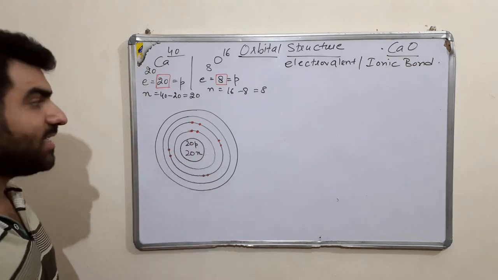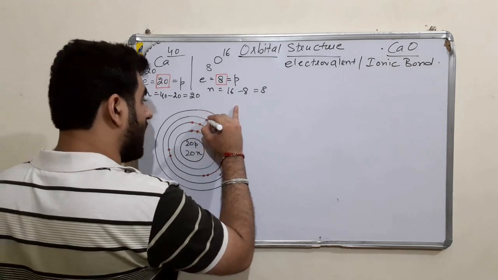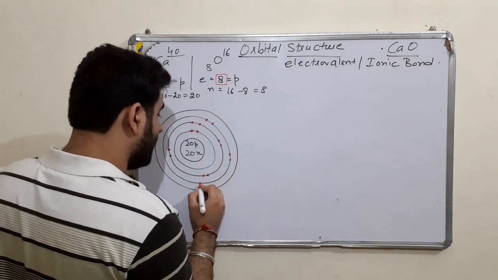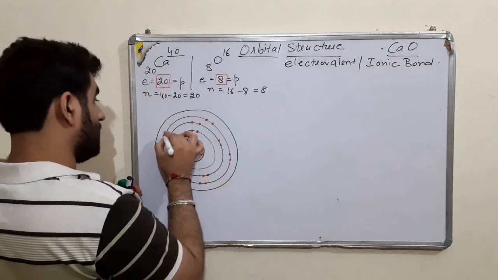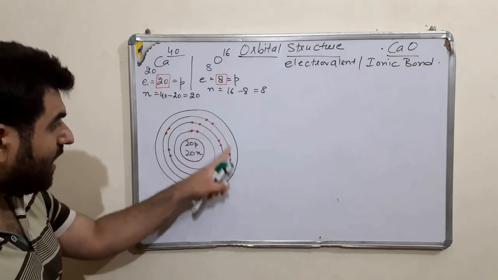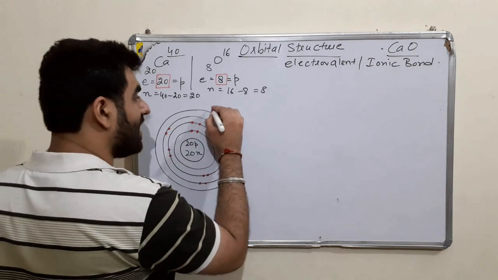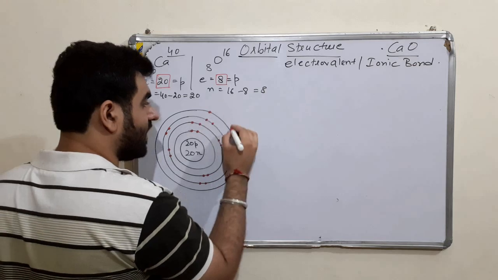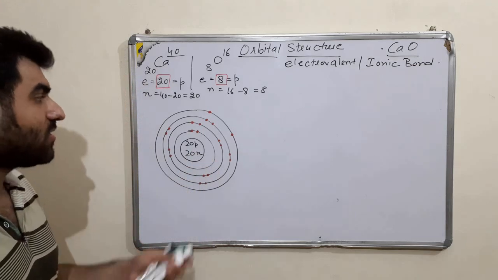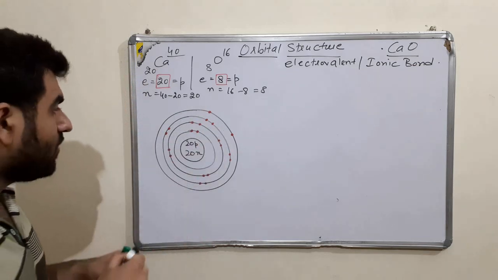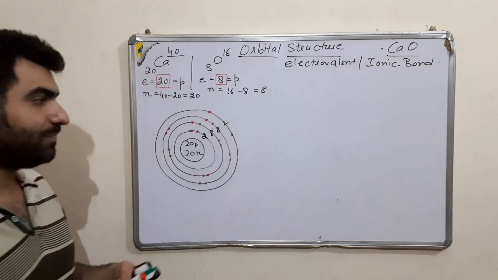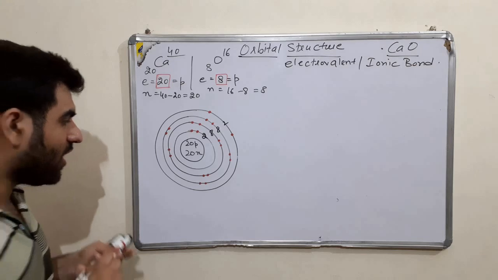Again 1, 2, 3, 4, 5, 6, 7, 8. So 2, 8, 8, 2. The last is 2, so let me draw one here and one here, because we'll have to transfer these. You can draw them all together also. This is the electronic configuration for calcium.